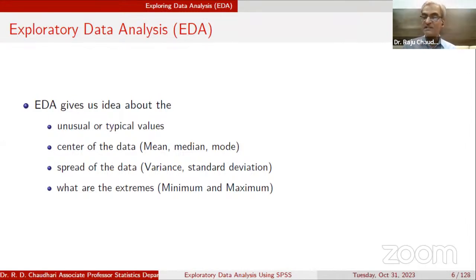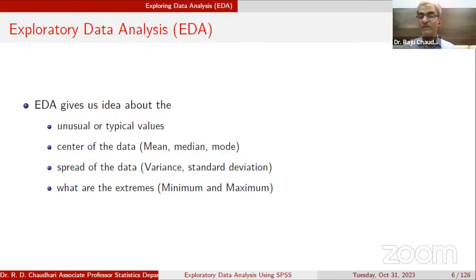So mean, median, and mode give us an idea about the central value of the data, which we call by the general word average. Depending upon the type of measurement, we have to use the appropriate measure.